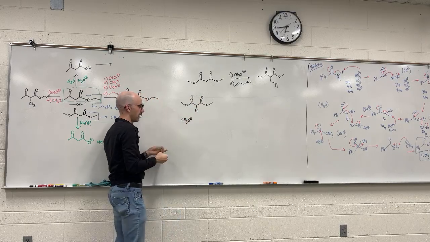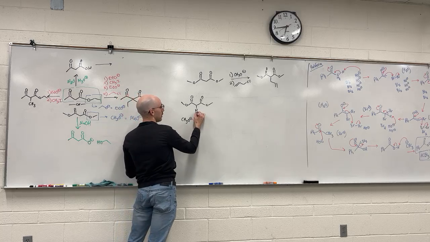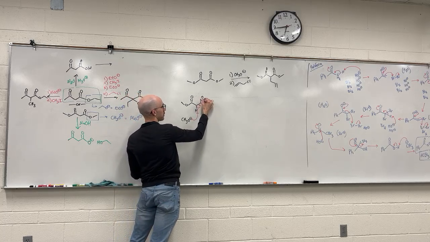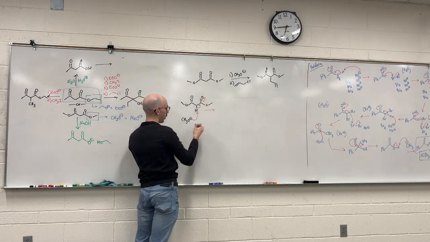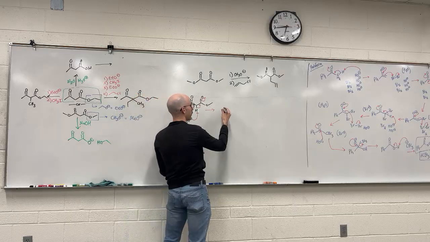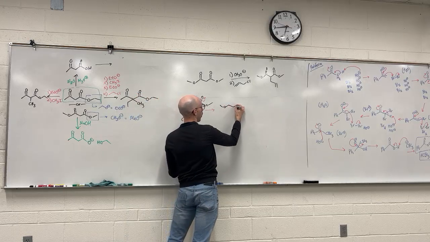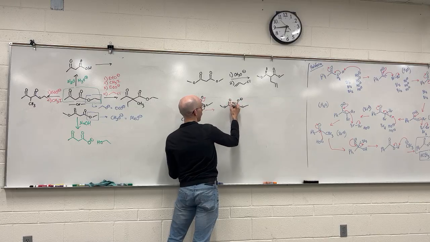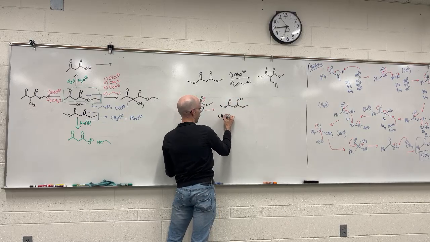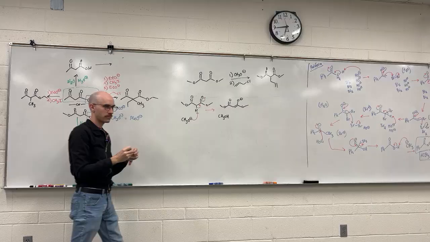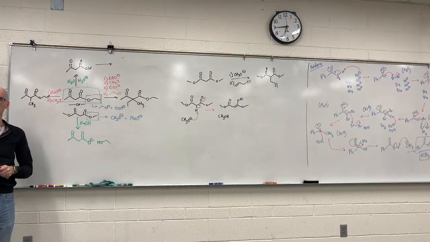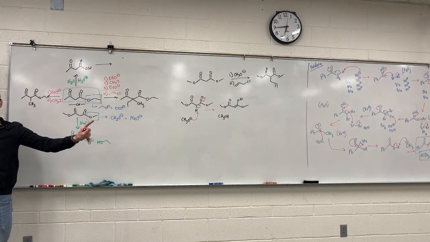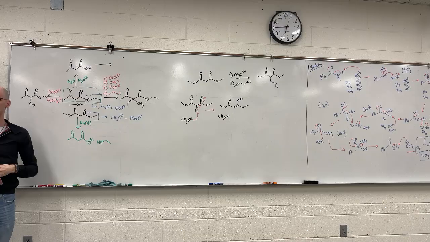I like to show the major resonance form, but I actually know some students here have said drawing the minor resonance form, drawing it where carbon holds the negative charge, helps them understand the nucleophilic attack better. That's step one. Step one is done.